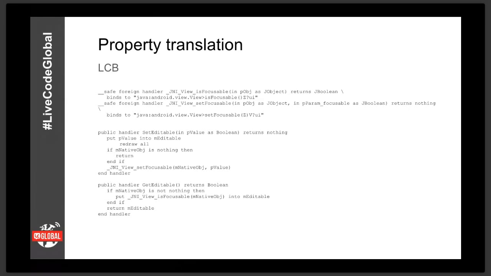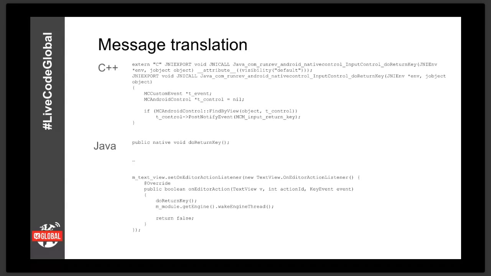So you've essentially shifted the call to Java to the foreign handlers, and just moved the rest of the stuff into LCB. So it definitely feels more simple to me, especially simpler than working with two languages. And here's how the message worked for the native control.